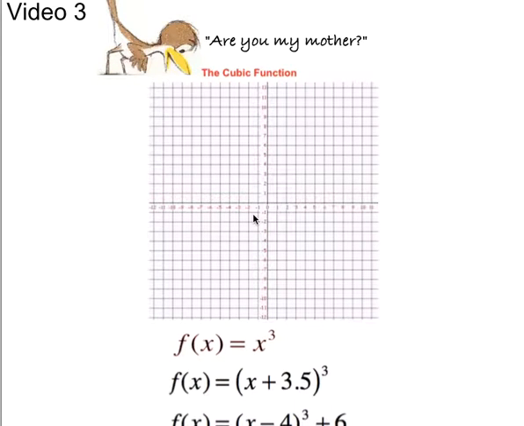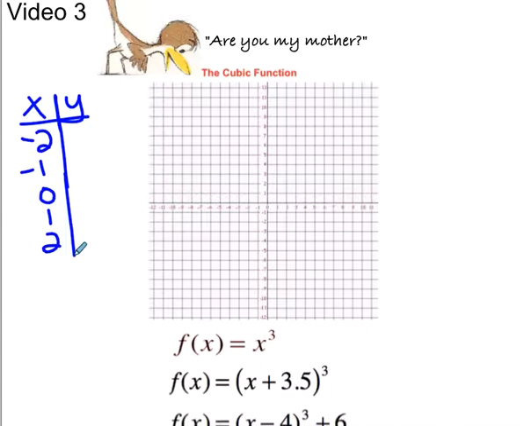The second part of this Video 3 is going to be the cubic function. On this one, we don't have a parent function graphed, which is okay, because we can still figure that out. All we need to do is make a t-chart of x and y values so we can work with it. I'm just going to put in negative 2 all the way to positive 2, and give my y values.